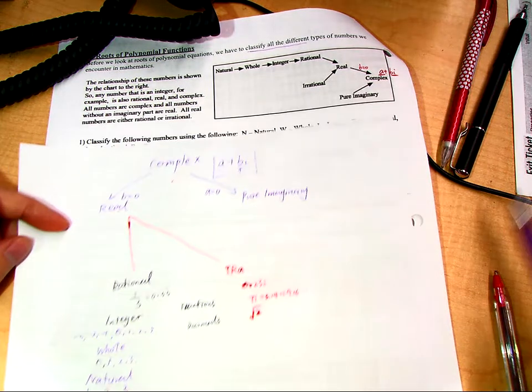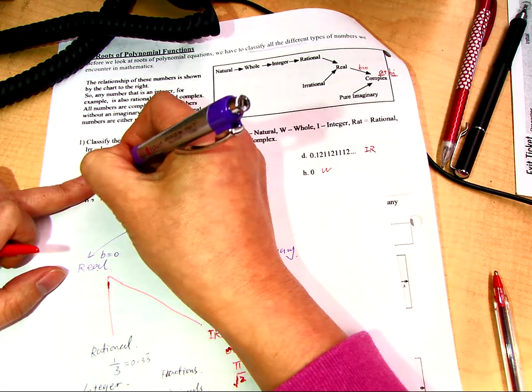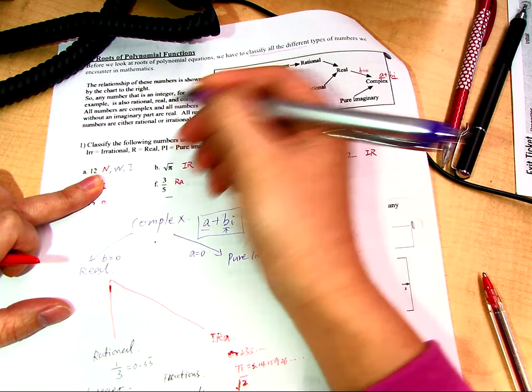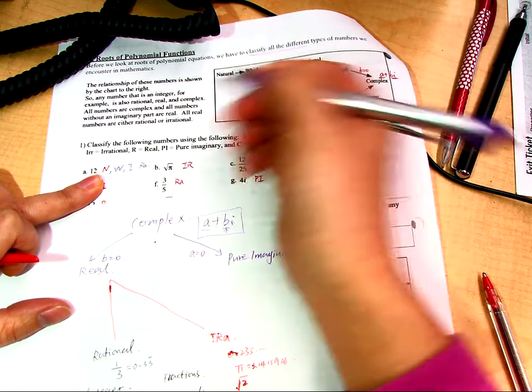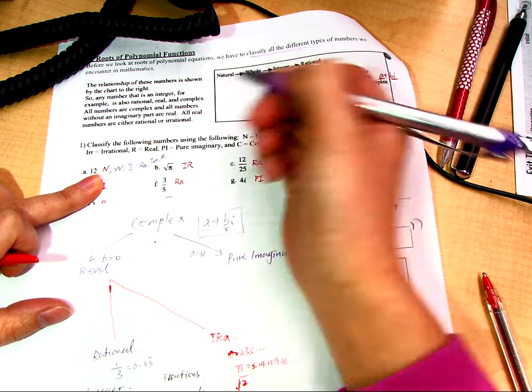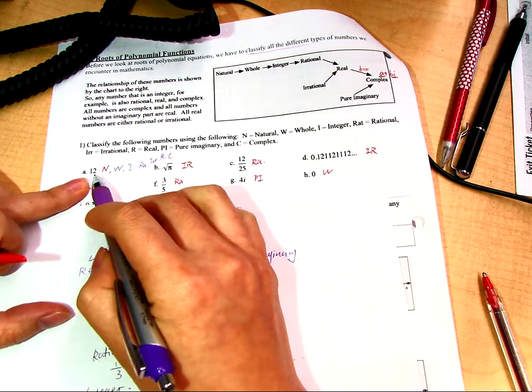So actually you need to write down all those. So it will be natural number, whole number, integer, rational, real number, and complex number. That's all you need to write for 12.